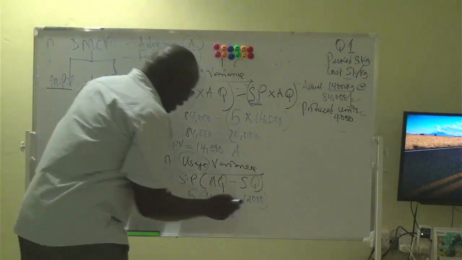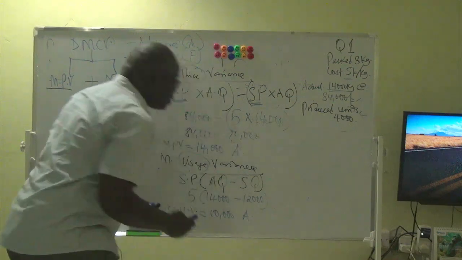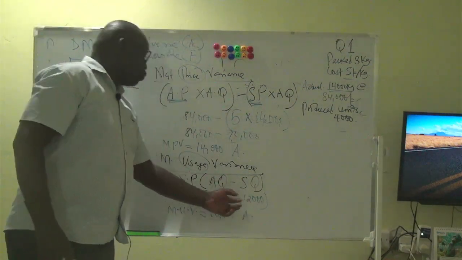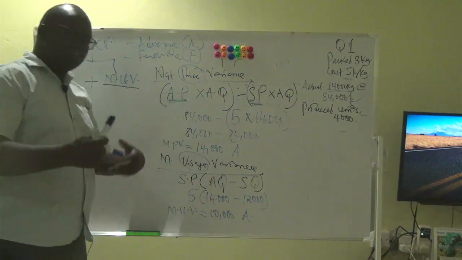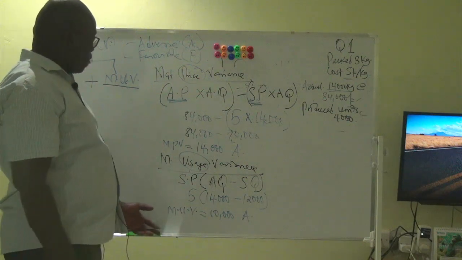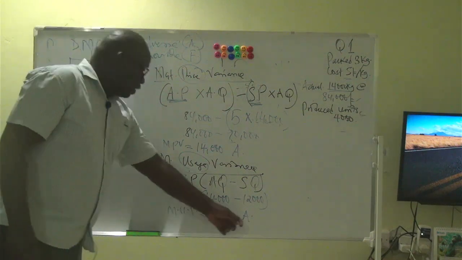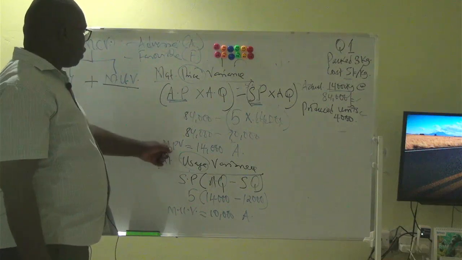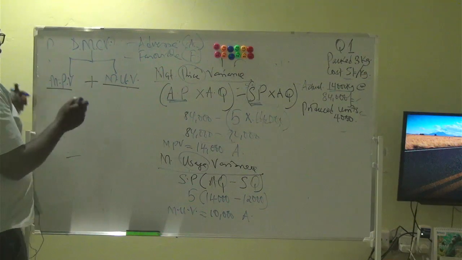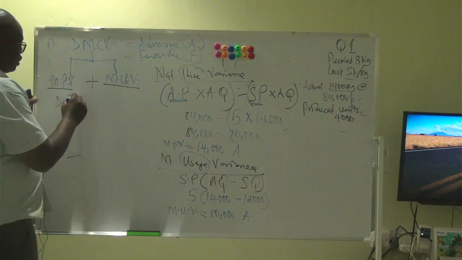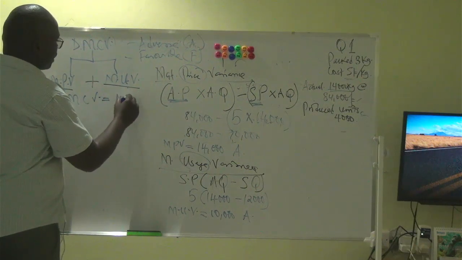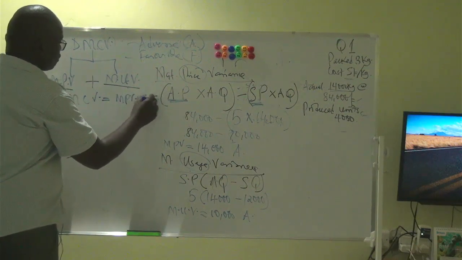So this difference is adverse. We had planned to use less, but we have used more. So our material usage variance is adverse, and our material price variance is adverse. So our direct material cost variance is the sum of material price variance plus material usage variance.